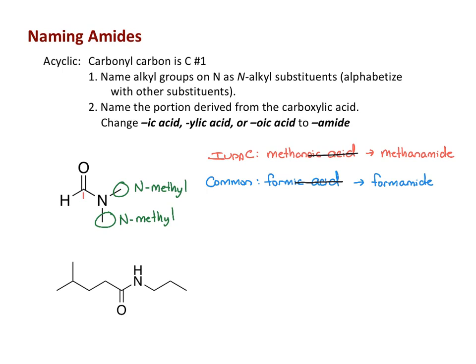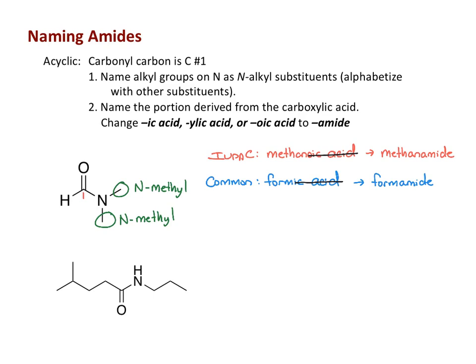Now let's just do this for the common name because this molecule here is almost always referred to by its common name. The substituents, we have the two N-methyl groups. Just like if you had a 1-bromo and a 1-bromo, you would combine it to 1,1-dibromo. You're going to do the same thing here.